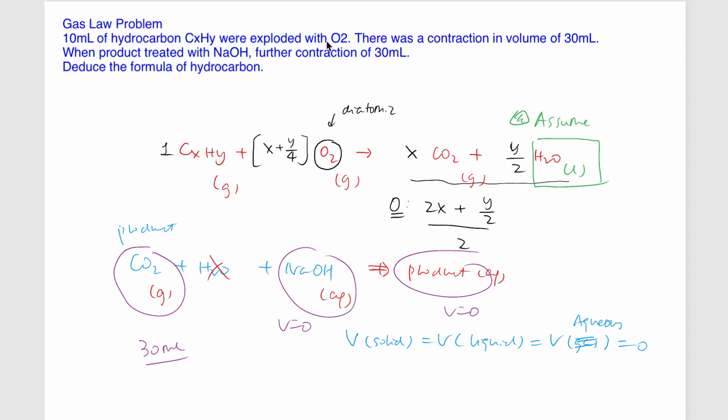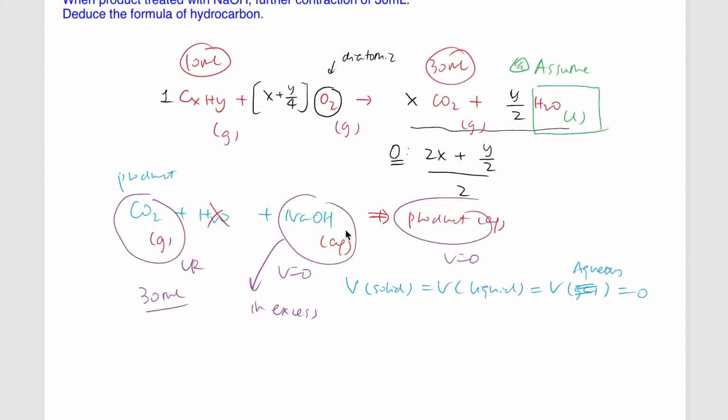Sodium hydroxide is largely in excess, so carbon dioxide is the limiting reagent and all of it is used up. So if we start with 10 moles of the hydrocarbon and form 30 moles of carbon dioxide, the volume ratio is exactly the same as the mole ratio.